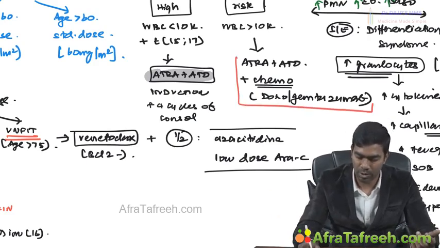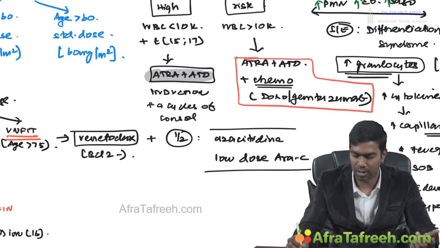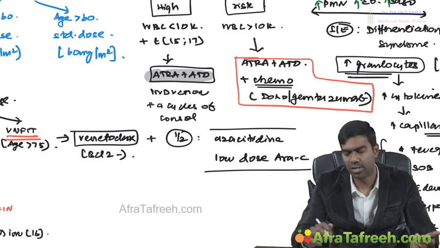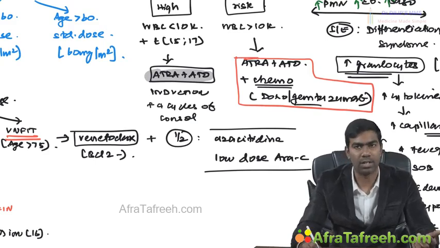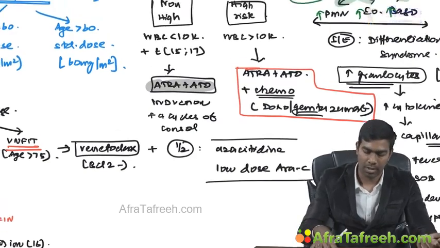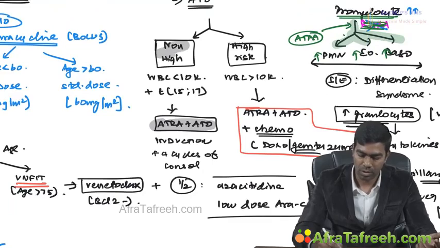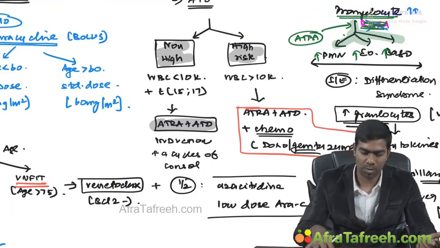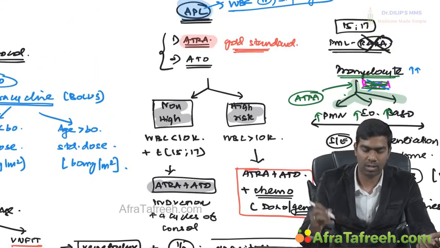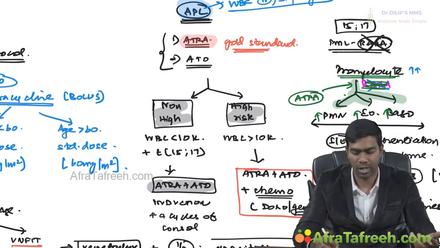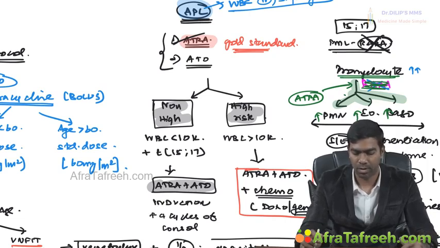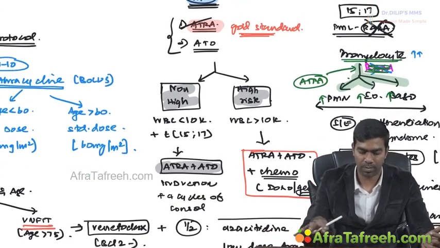So this is going to be the regime for high risk patients. I am going to add either a doxorubicin or a gemtuzumab. CD33 we discussed some time back, anti-CD33, gemtuzumab ozogamicin. Okay, so this is how you treat, but the most important thing you have to know, these are the 2 things that are gold standard for treatment, especially ATRA is the gold standard for treatment of APL, acute promyelocytic leukemia.